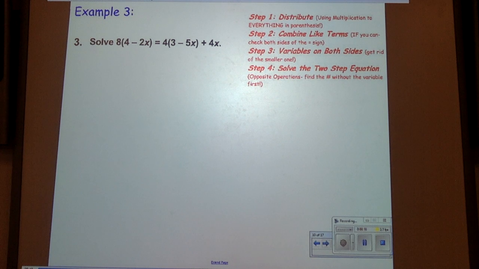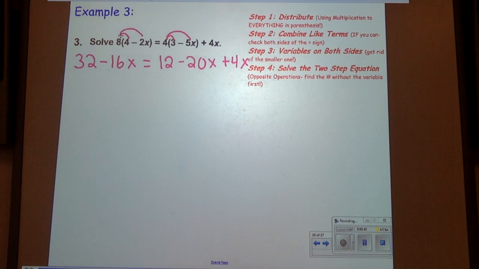Okay, example 3. Again, we can distribute on the left and on the right. So 8 times 4 is 32 minus 16x equals, and then 4 times 3 is 12, minus 4 times 5x is 20x, and then we're going to add the plus 4x. Step 2, combine like terms.